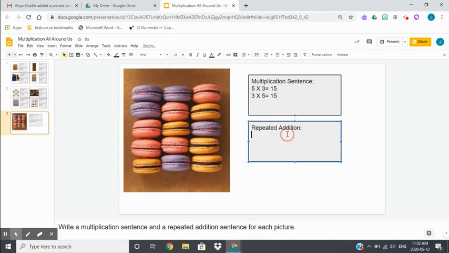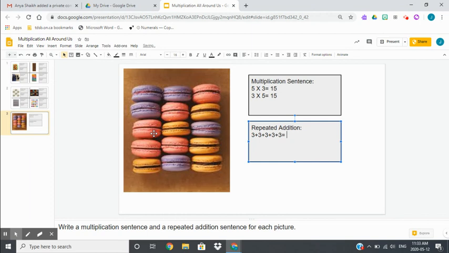Let's look at what some repeated addition sentences would be for this picture. Well, I could look at the rows and say that I'm repeating 3, okay, 3 in this row, plus 3 in the next row, plus 3 in the next row, plus 3 in the next row, and plus 3 in the last row.